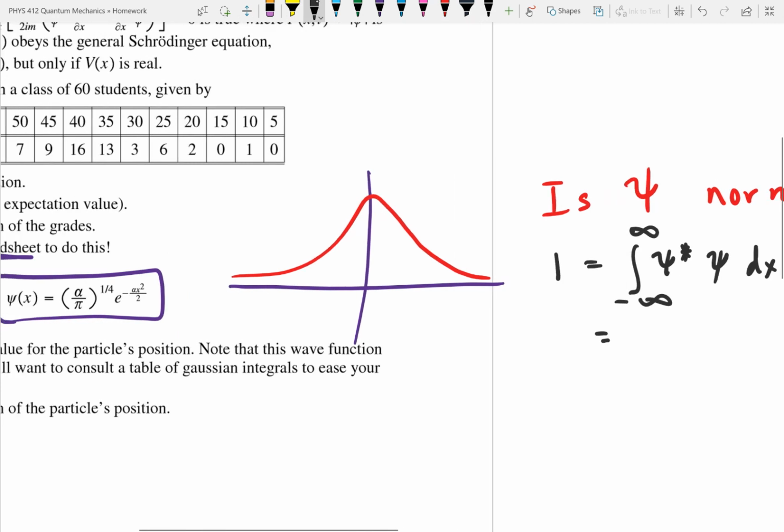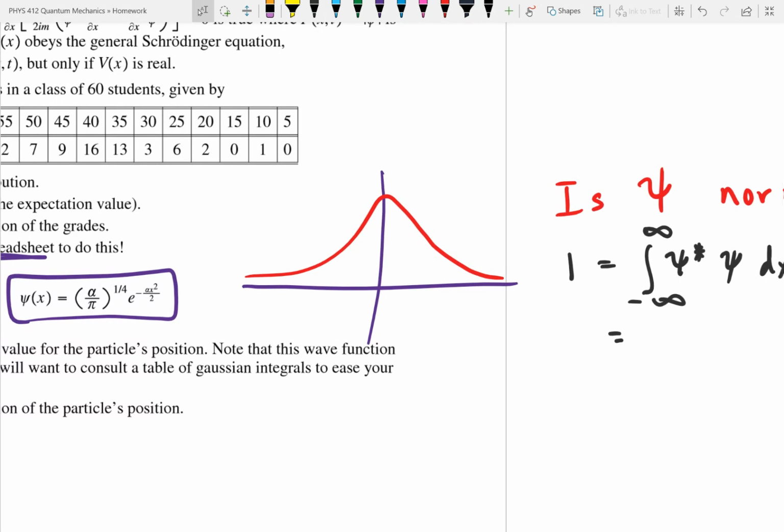So let's do that. I, of course, don't have my integral table with me. Do you have it with you? I actually don't. Okay, that's okay. I'll just go to Moodle and get it from there. So we have the integral from minus infinity to infinity of alpha over pi to the, I'm going to put 2/4 power because I'm pedantic that way.